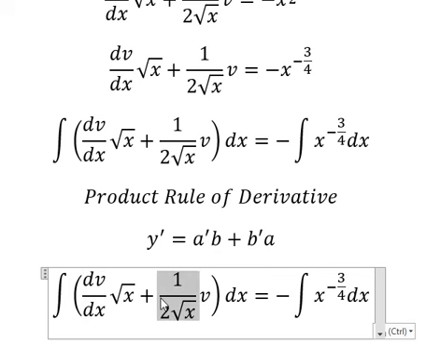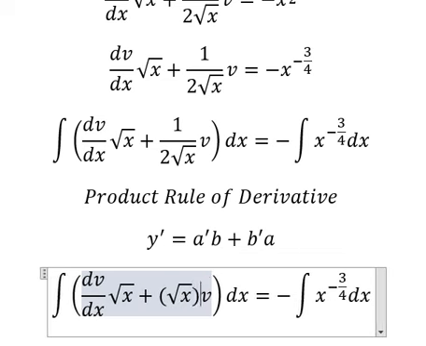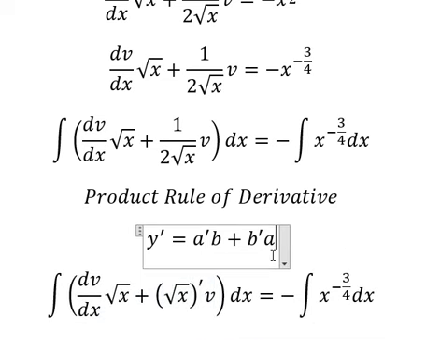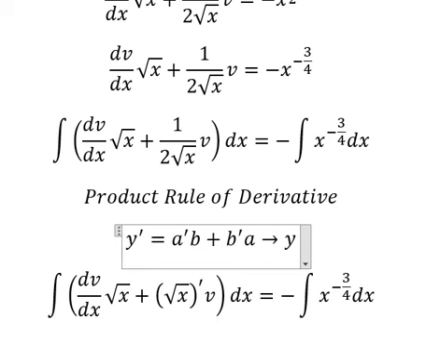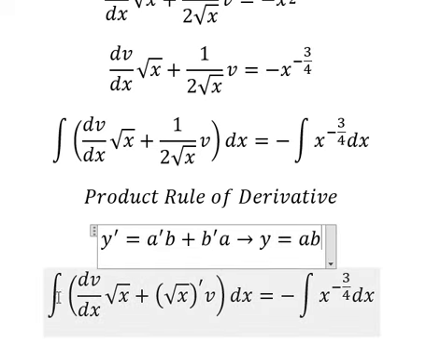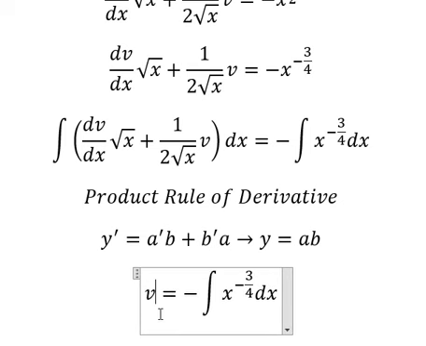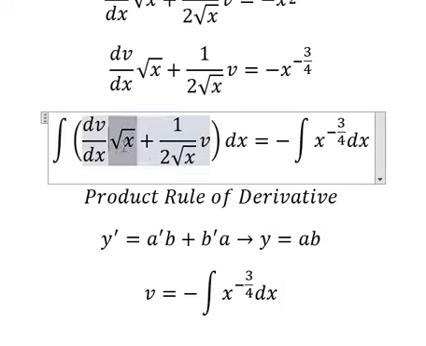This one, we have the first derivative of v multiplied by u. So the integration of this one, we have y equals uv. So the integration of that one, we have v with the square root of x.